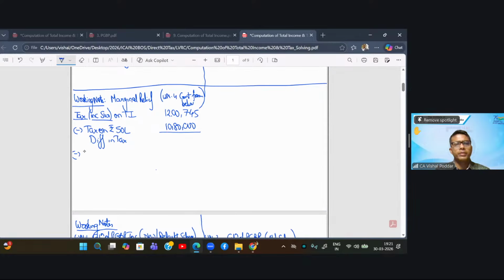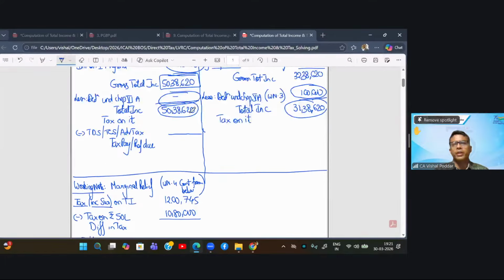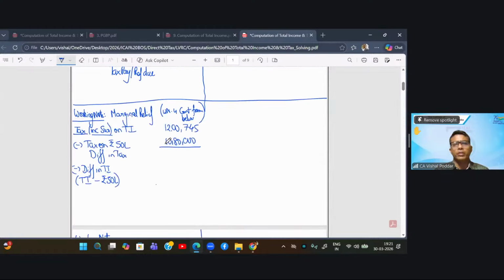Now from this, I will subtract difference in total income. That is total income minus rupees 50 lakhs. Correct? How much is my total income? It is 50, 38,620 and minus 50 lakhs. So this amount will be directly 38,620. And this difference is 127.45.